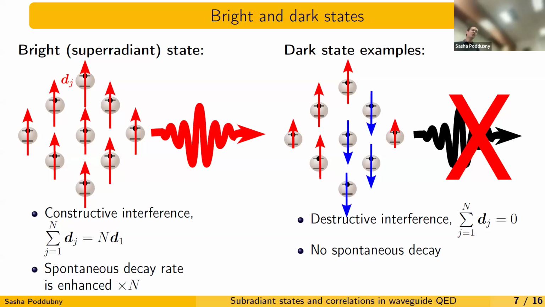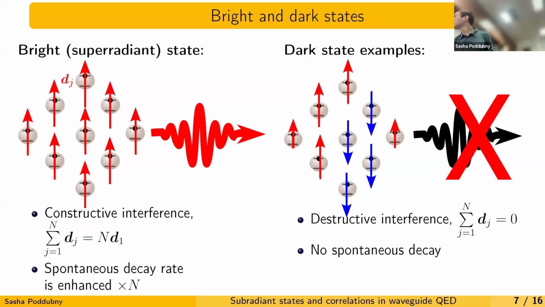This is a very naive classical picture of, say, superradiant decay. Now, if you have destructive interference, some atoms point up and some point down, you have suppression of spontaneous emission.